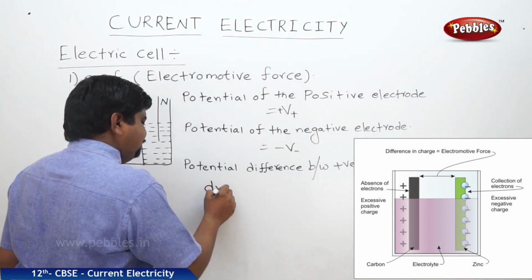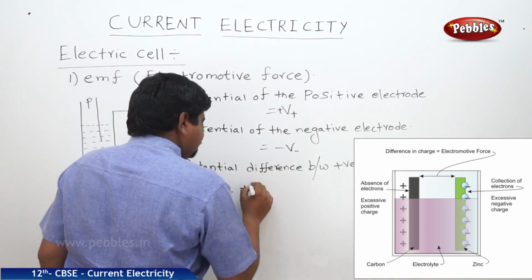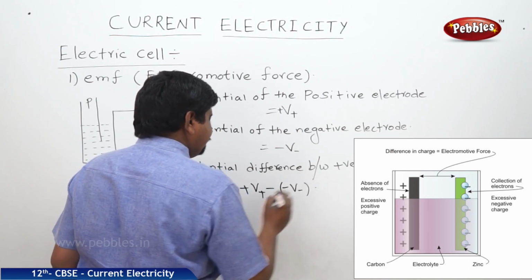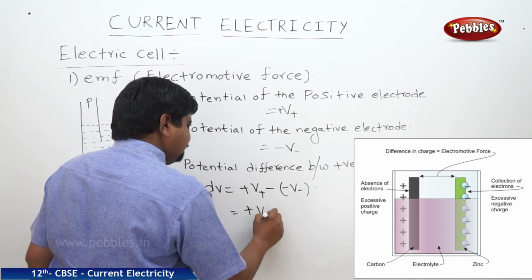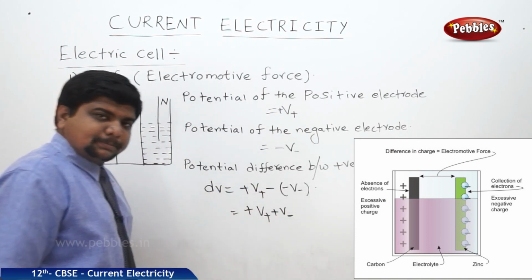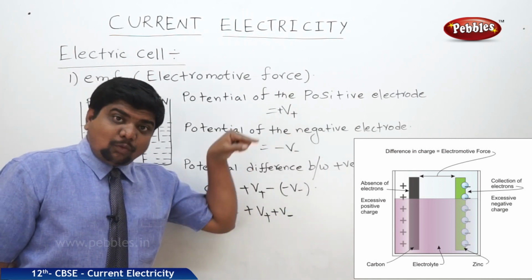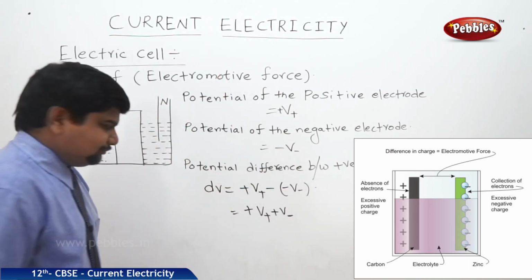So we can write dV, which is nothing but the difference in the potential: plus V plus minus of minus V minus. Minus into minus is plus, so it is V plus plus V minus. So this potential difference in an open circuit is called EMF.